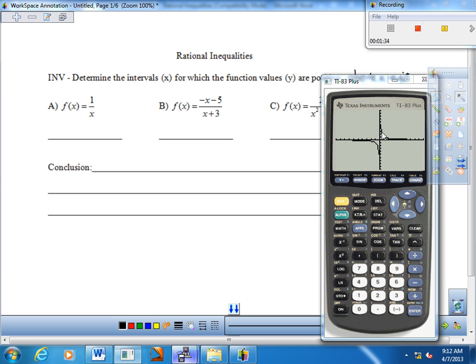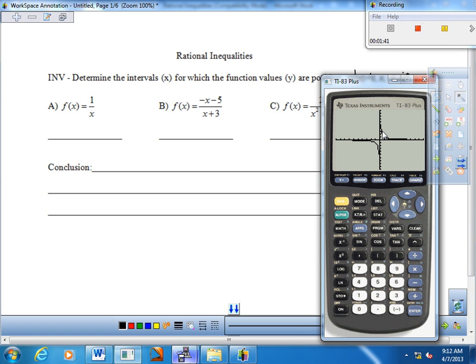And this branch seems to be above the x-axis, and it seems to be to the right of 0. So I have a feeling we're going to express our inequality as x being greater than 0. Anywhere where x is positive, it looks like y is also positive. And if you look at the function, that should make pretty good sense.